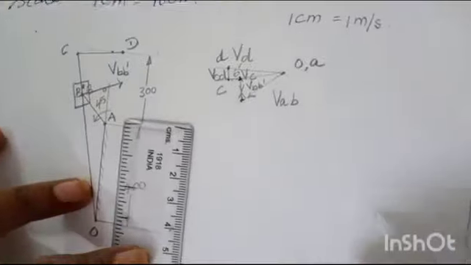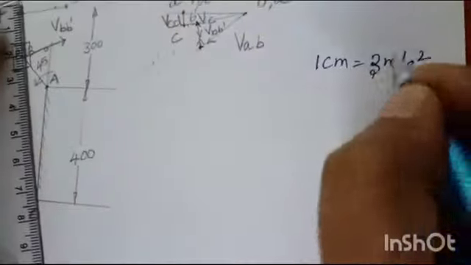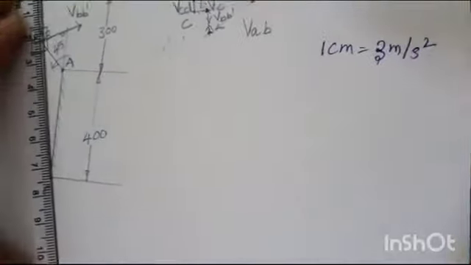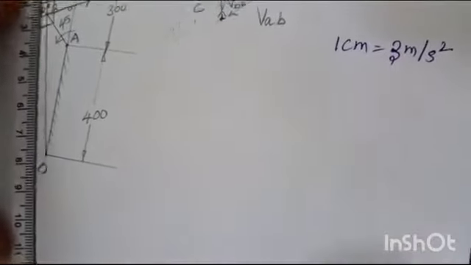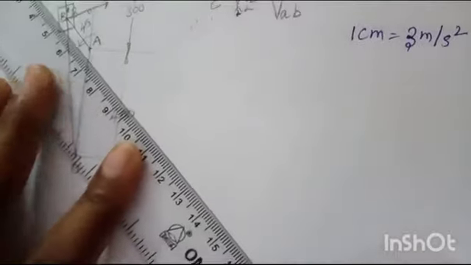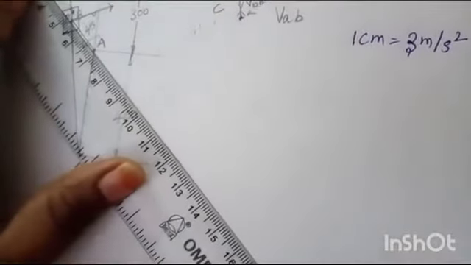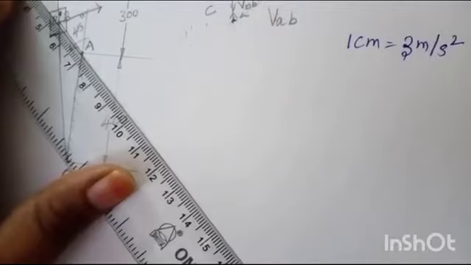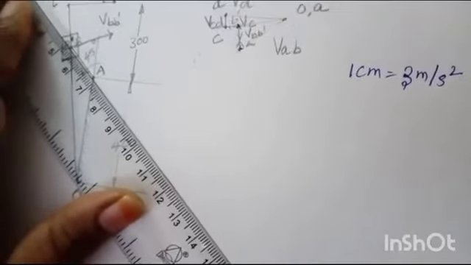I am taking 1 centimeter equal to 3 meter per second square. So radial acceleration is always parallel to the link. So I am taking now the radial acceleration of the crank, because the crank has only radial acceleration alone. I am starting from the crank acceleration.